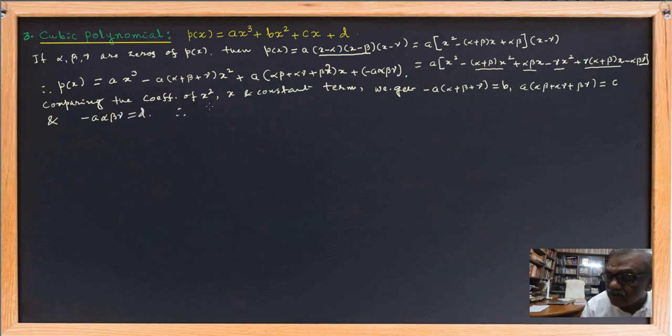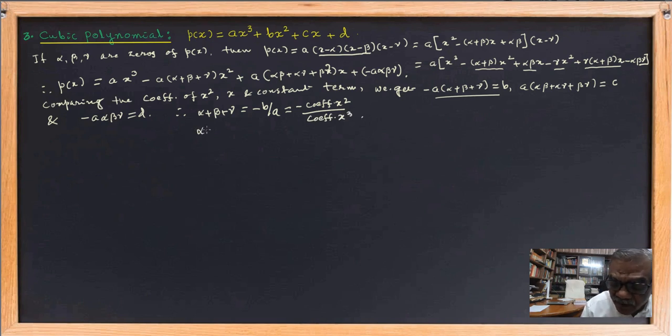Therefore this comparison will give us alpha plus beta plus gamma equal to minus b by a. What is exactly this? Minus coefficient of x square divided by coefficient of x cube.